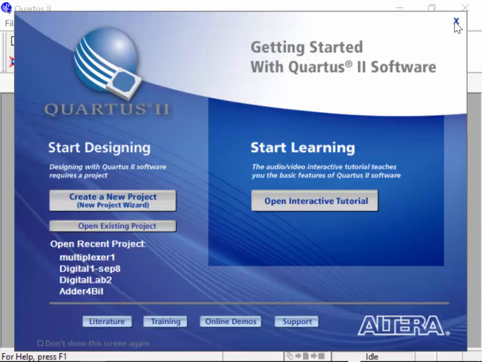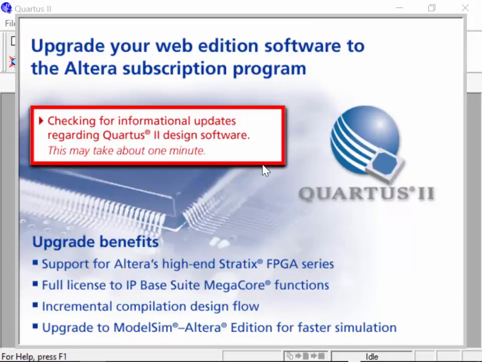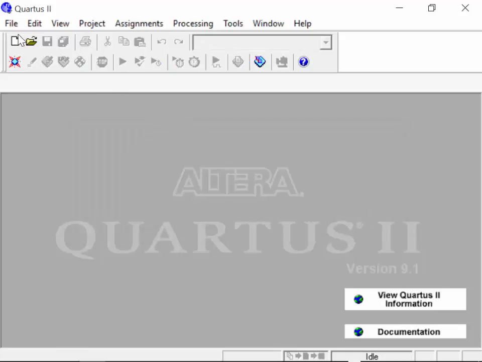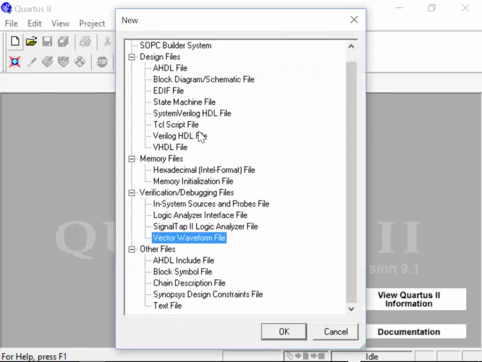And my function was A, B-not, or C, right? So I'm going to go through here, and I'm going to see how that works.